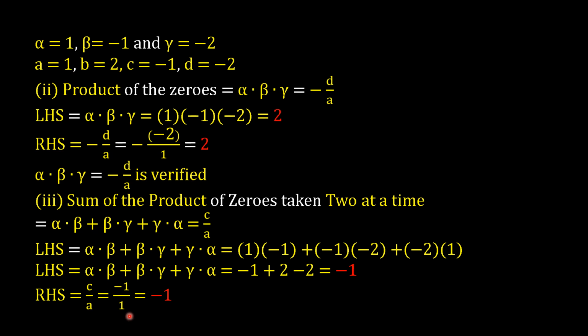It gives us RHS equals minus 1. Since both LHS and RHS are equal, our relationship alpha beta plus beta gamma plus gamma alpha equals c upon a is verified.